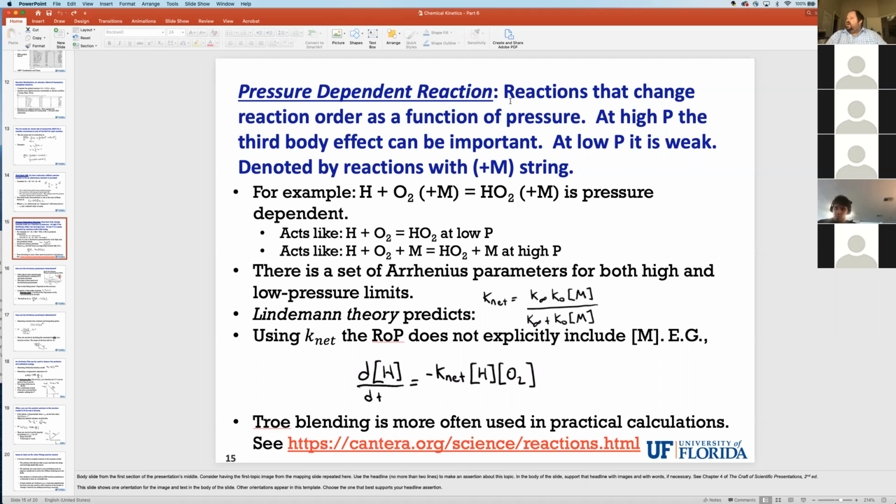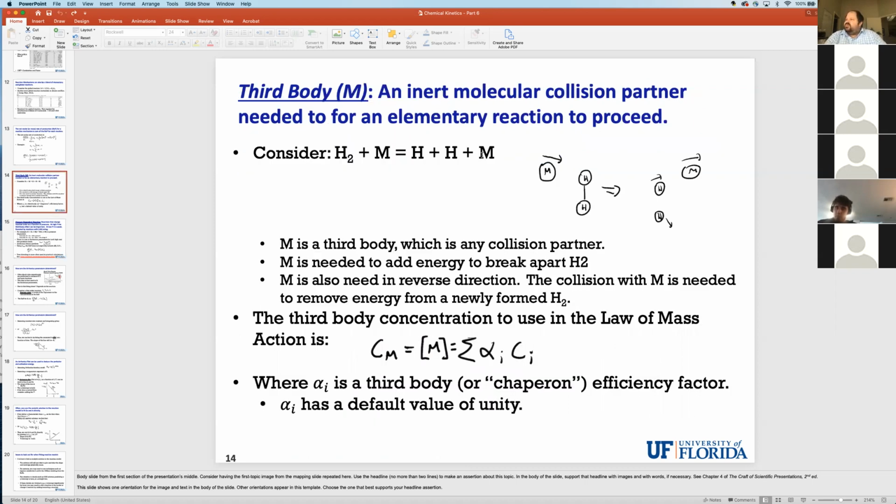And so at high pressure, the third body effect can be very important, because you could think of the rate of production in the reverse direction as being proportional to the rate constant times the concentration of M. And so this would be proportional to pressure raised to the third power. So basically the third body raises the dependence on pressure by increasing its exponent by 1.